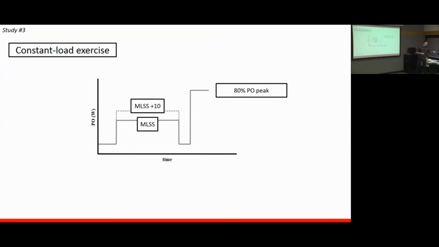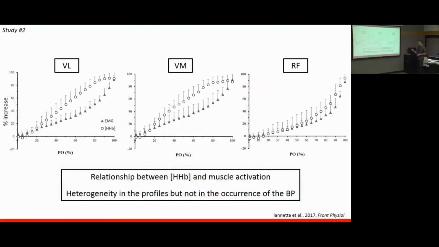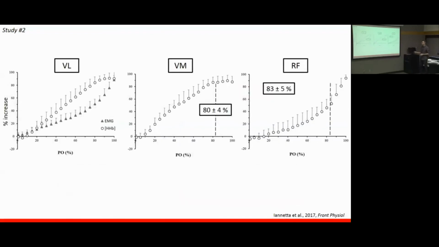Yeah. So you mean this? If I go back. Yeah. What we have to think about is that there is a dissociation between the power output during the ramp incremental test and the power output during constant load exercise.